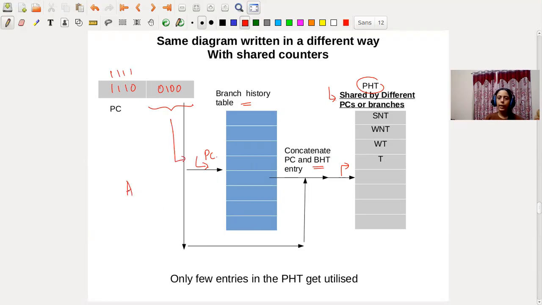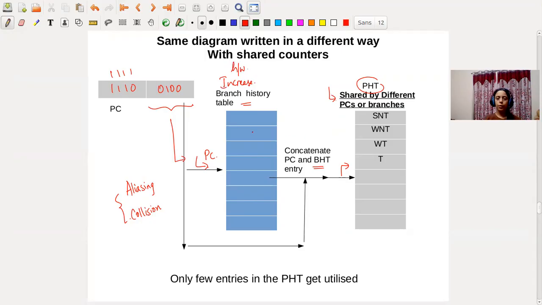So therefore, there could be aliasing, or what is also called a collision, which of course happens in a cache as well. That is inevitable, but we hope that there are not too many branches which are aliasing into the same entry in the table. Another way to eliminate this aliasing is to increase the entries in the table, but that is going to add to the hardware cost.